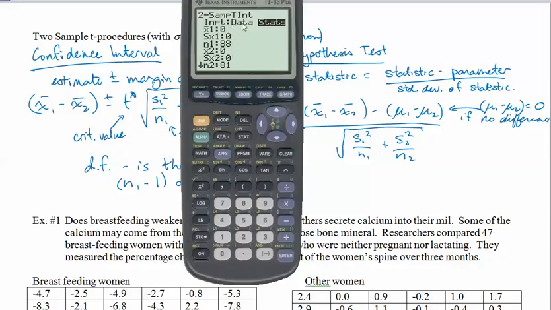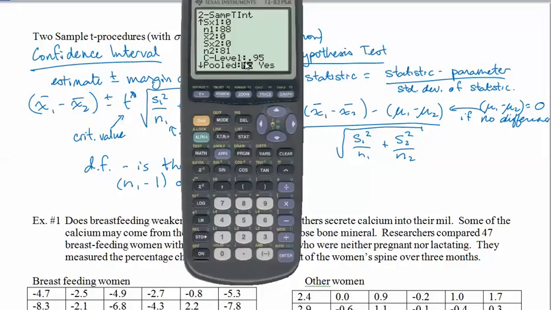So I'll have a quick look at that, and this should make a lot of sense. You can either enter stats and enter your sample means, x1 bar, and your standard deviation for the sample, and your n1, and the same for x2, S2 and N2, and enter your confidence level. Now, pooled would be if the standard deviation was the same.